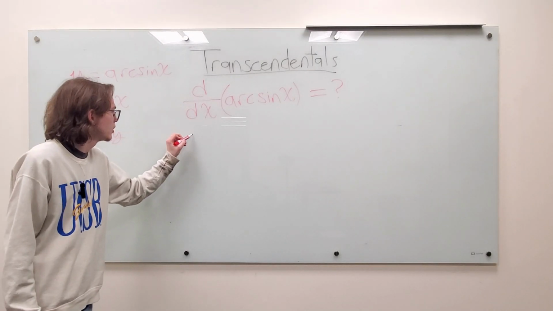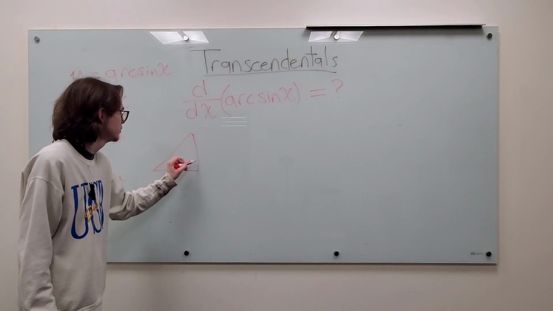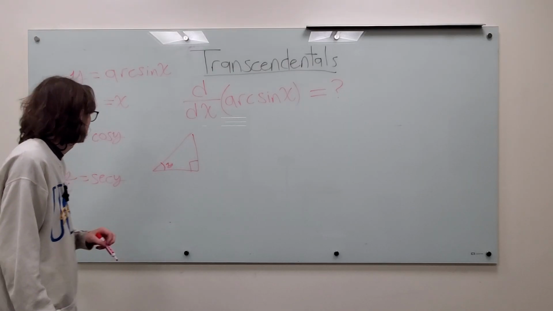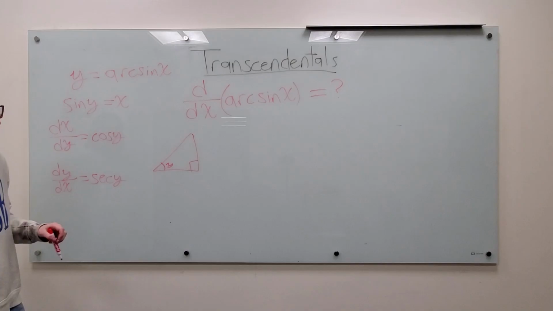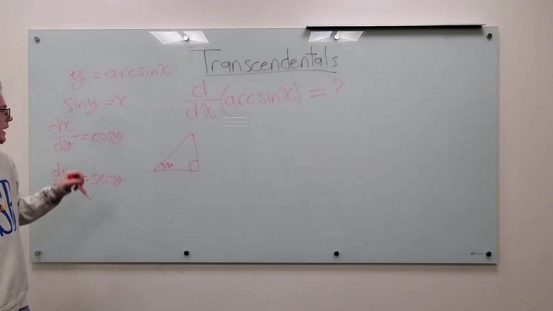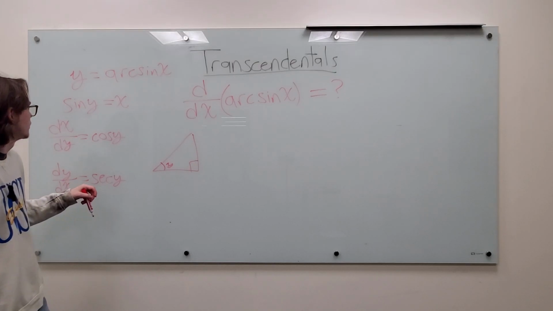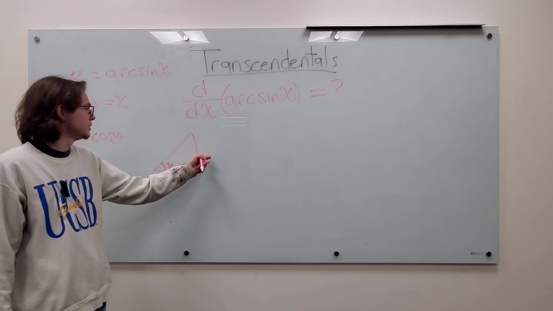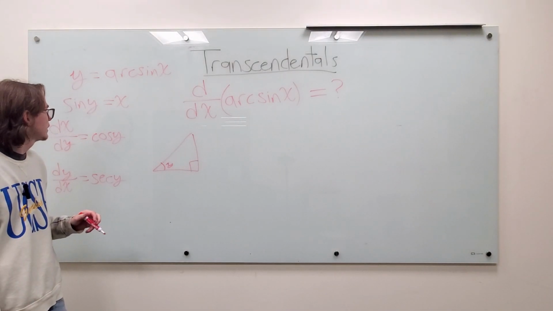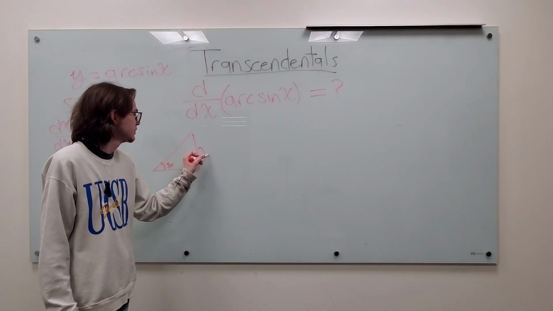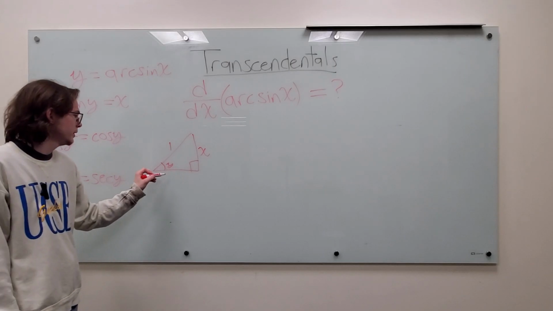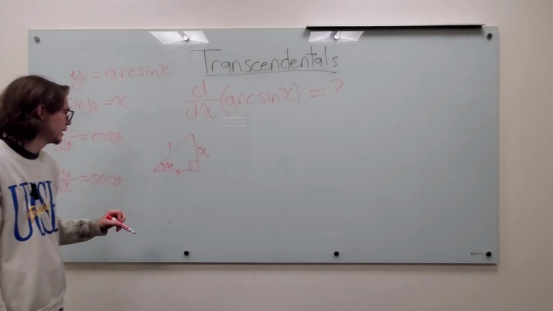So now if we go ahead and draw our perfect right triangle, and we take this angle to be y, well, if sine of y is equal to x, then we know that sine is opposite over hypotenuse, the ratio of the opposite side length to the hypotenuse side length, which means that the opposite side is going to be x and the hypotenuse is going to be 1, which means we need to figure out our adjacent side.